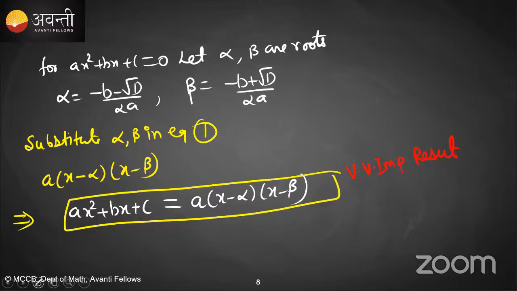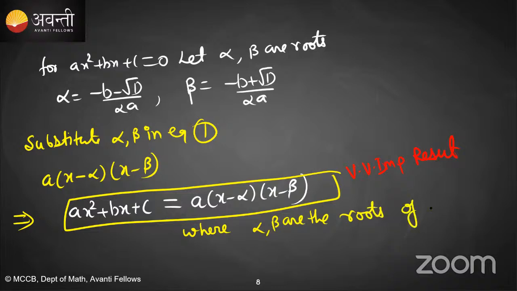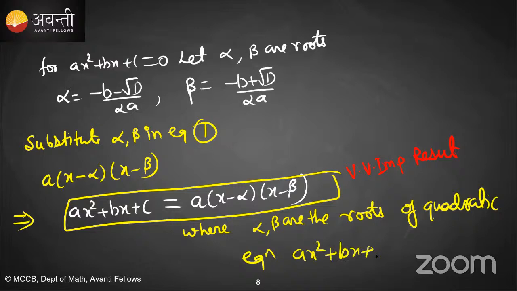Where alpha beta are the roots of the quadratic equation ax square plus bx plus c is equal to 0.